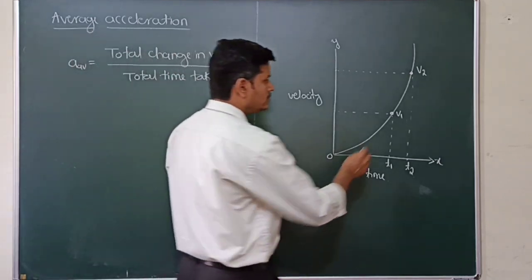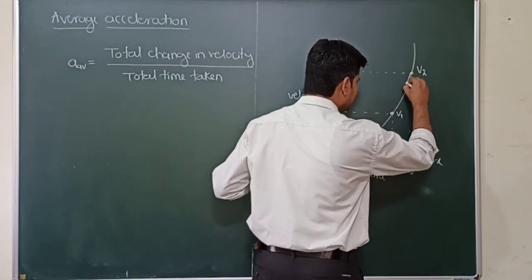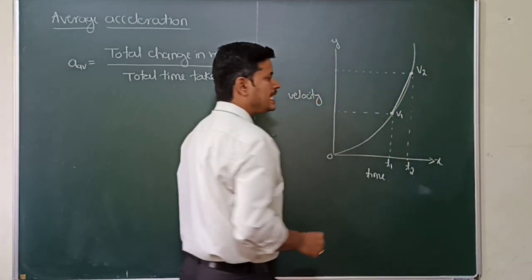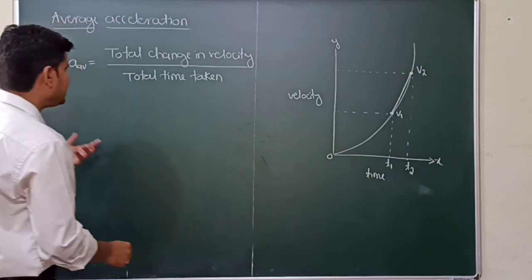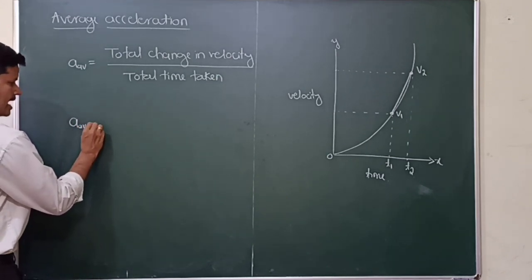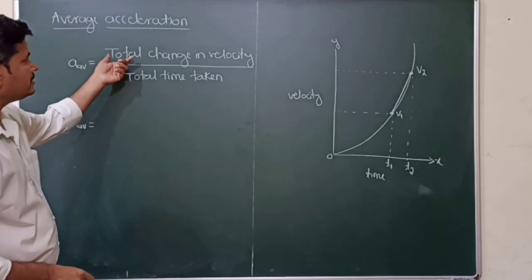Now if you take the slope between these two points, we will get the average acceleration a_av.